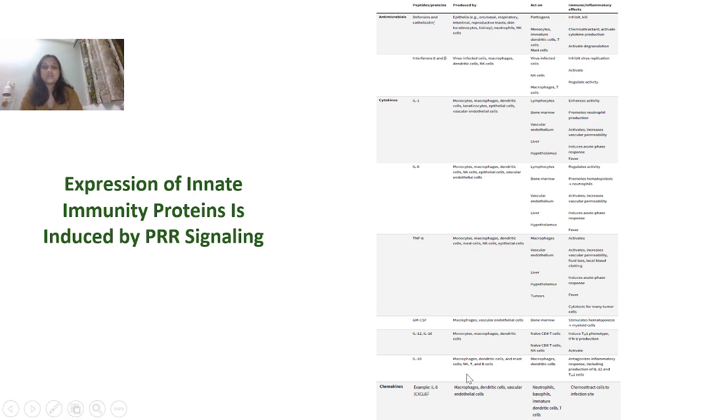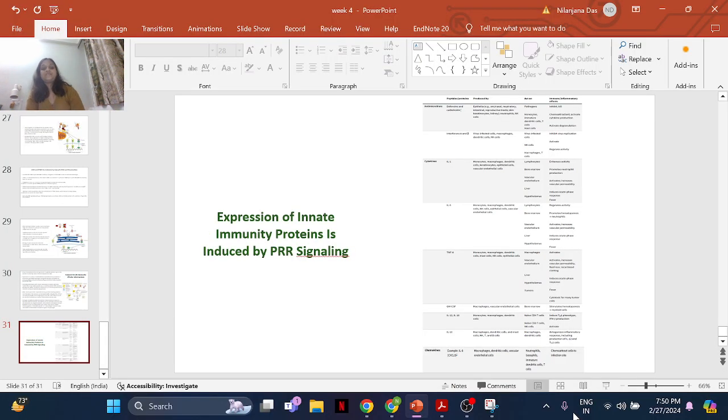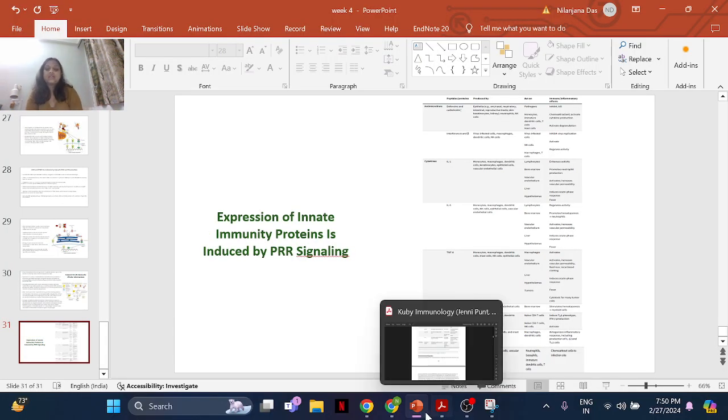So they are also produced by macrophages, dendritic cells, vascular endothelial cells, etc. They act on neutrophils, basophils, immature dendritic cells, and T cells. They chemoattract the cells to the infection site. So these are different kinds of chemokines, cytokines, antimicrobial peptides, which are produced by PRR signaling and help in innate immune response. So that's all for today.